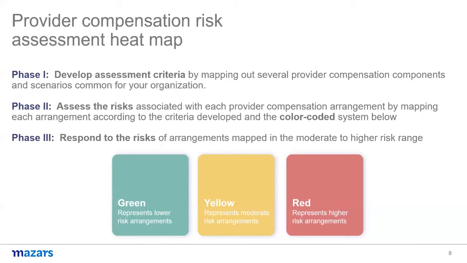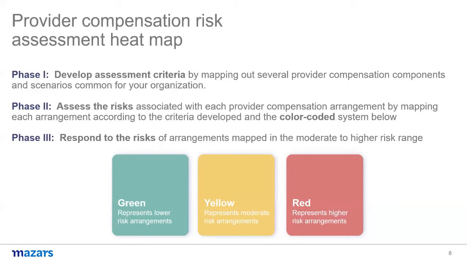So really here, the phases that I have set up for provider compensation risk assessments for heat maps would be: phase one, develop your risk assessment by mapping out several provider compensation components and scenarios common for your organization.